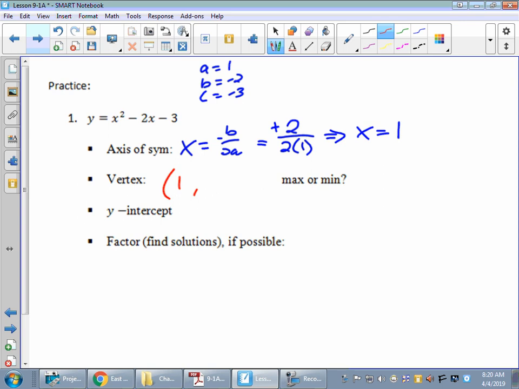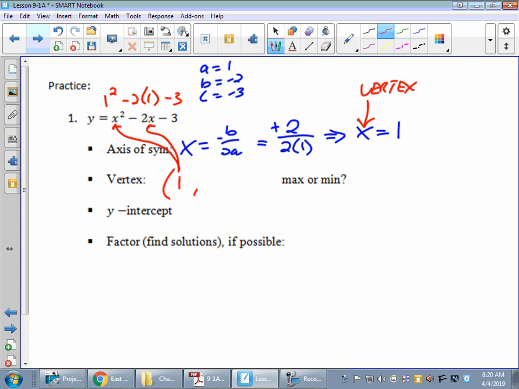To find y, I take that 1 and plug it into the equation. I'm going to take this 1 and plug it in up here and here. So you're going to get 1 squared minus 2 times 1 minus 3.